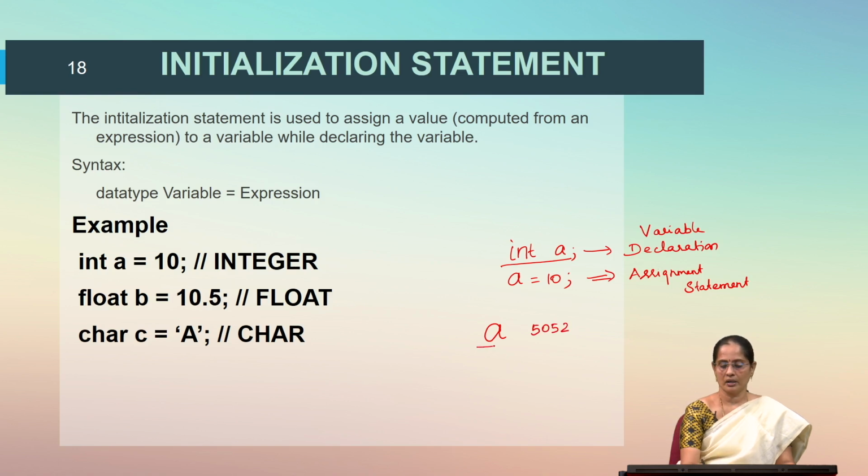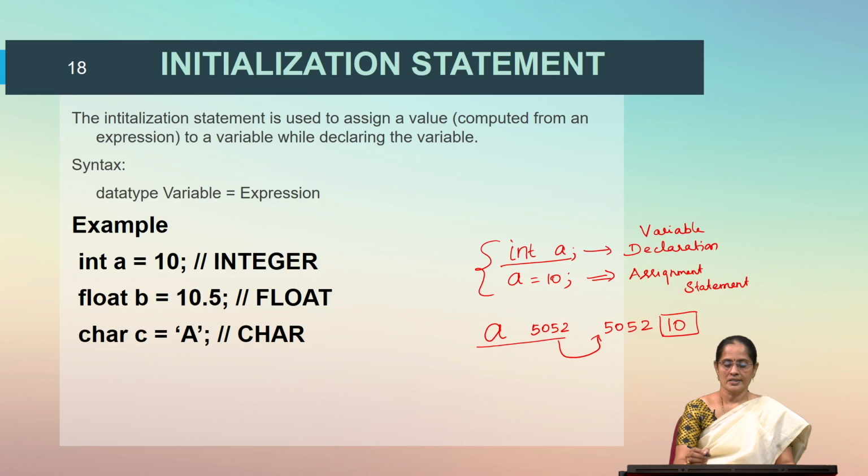In the assignment statement, the compiler will go in search of this address, and the value for that variable will be stored in that particular address location. But we can combine these two statements together and call that statement an initialization statement.